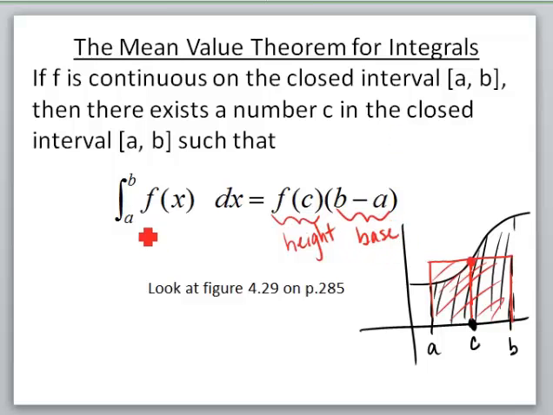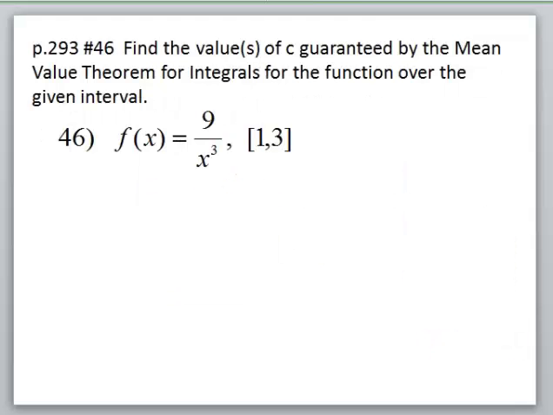So what it's saying is that the area under the curve is equal to some rectangle that we can create between those 2 points A and B. This example, which I'll start in the next video, is asking you to figure out what that C value is, which will make the integral and the area underneath the curve equal.